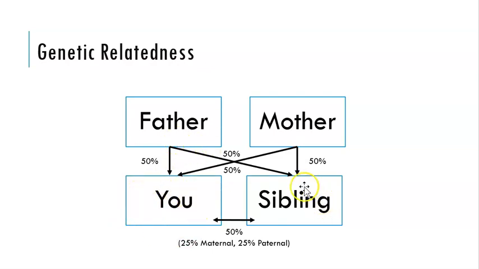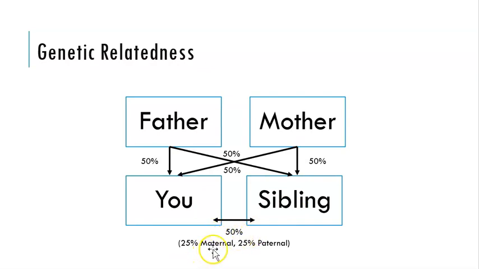Now your sibling is also going to be 50% mom and 50% dad, right? Because that's just how it works. Any offspring of a couple is going to be 50% mom, 50% dad. Now, because you and your sibling are not identical, and your mom and dad each have multiple different types of genes, the genetic relationship between you and a sibling, assuming you're not identical twins, is also going to be 50%.